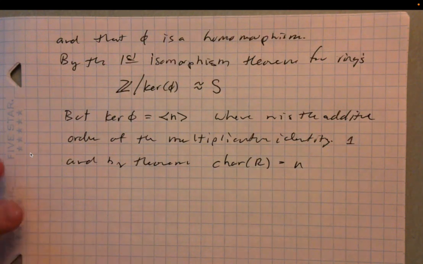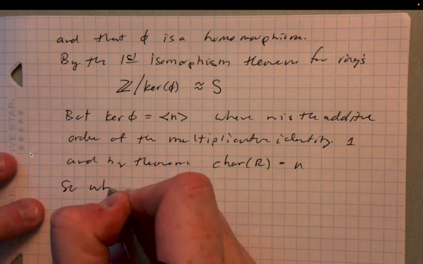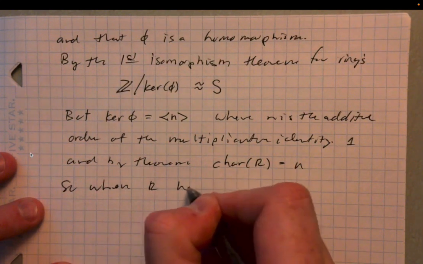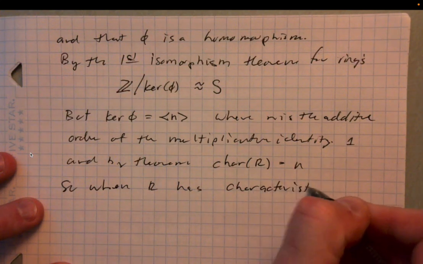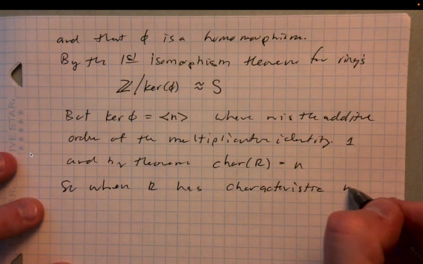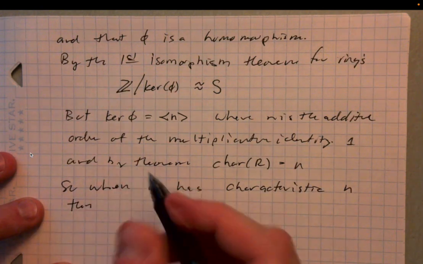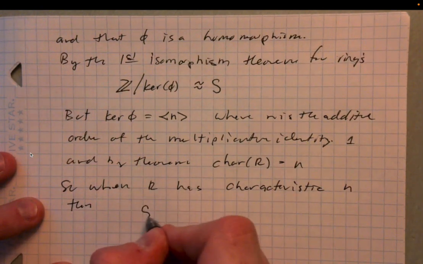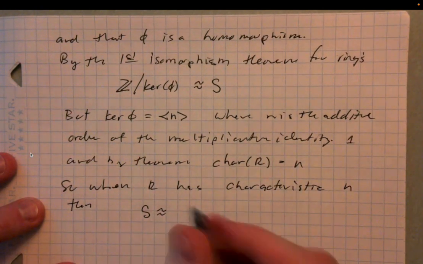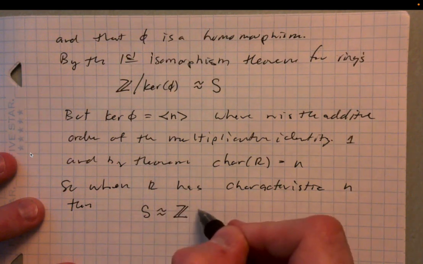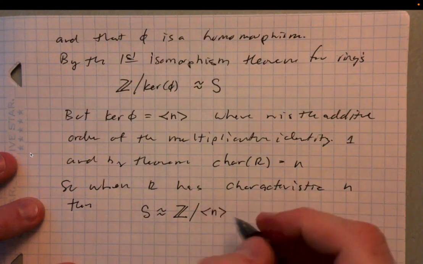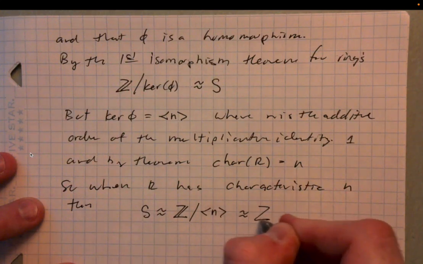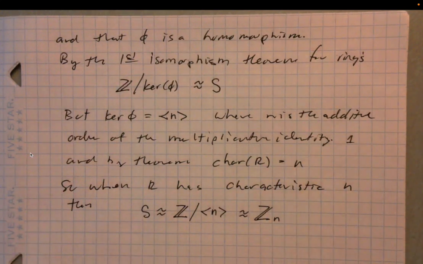So when R has characteristic n, then what do we have? Well, we have that S is isomorphic to Z mod nZ, which is isomorphic to the integers mod n.